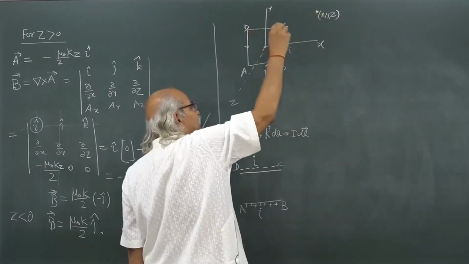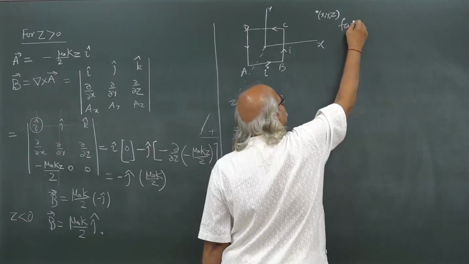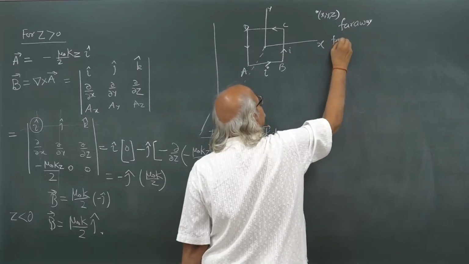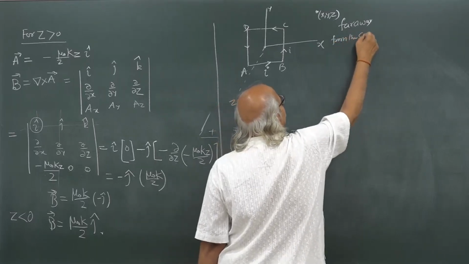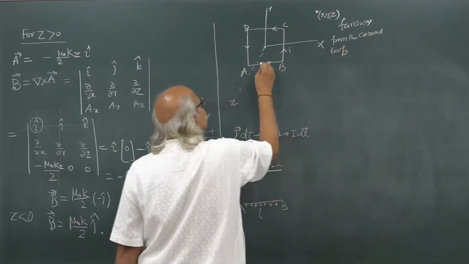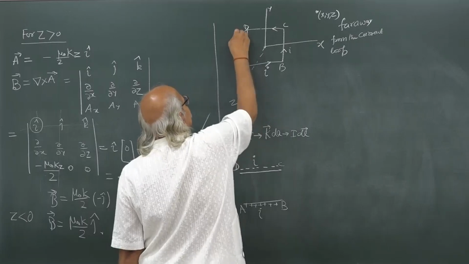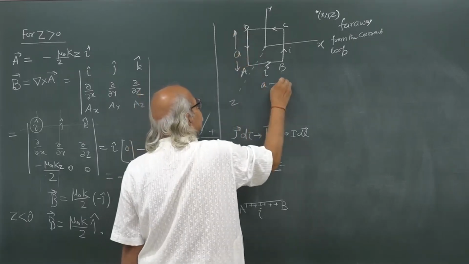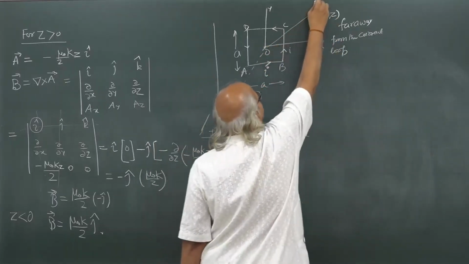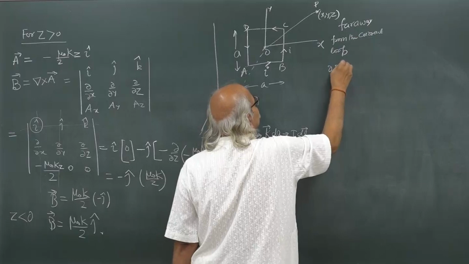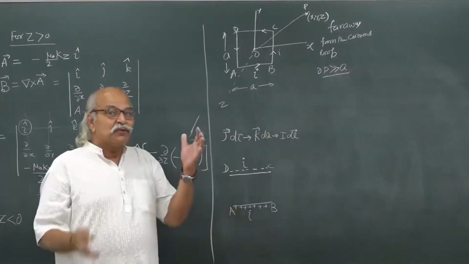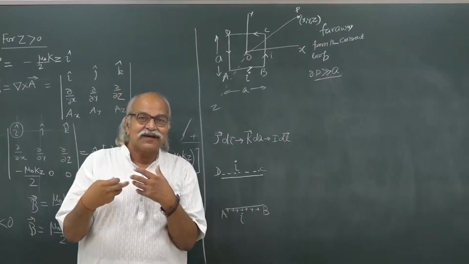Assume it is far away from the current loop. This length, let us say, is A, and this distance OP is very large as compared to this A. Far away means you have to tell what far away means.